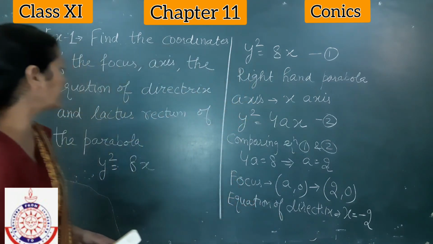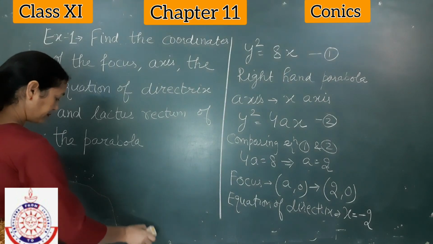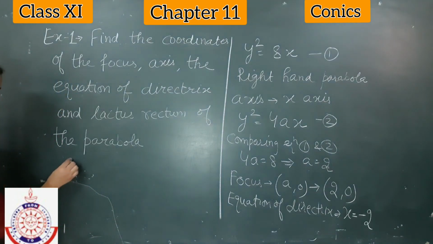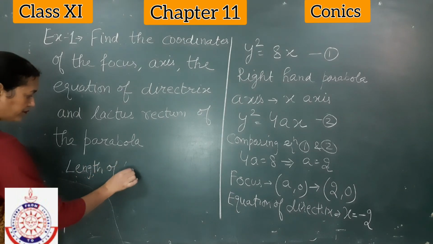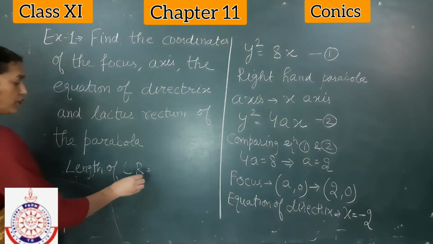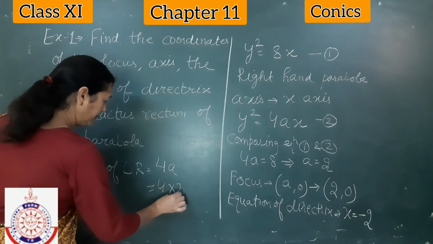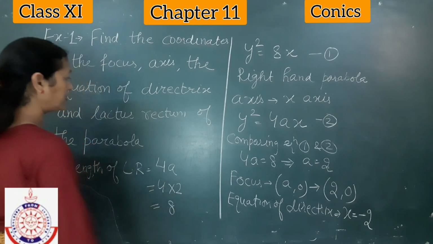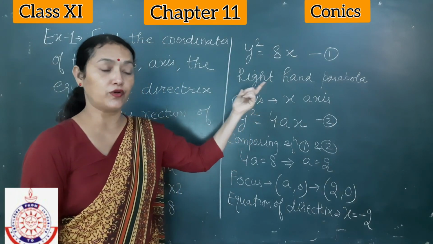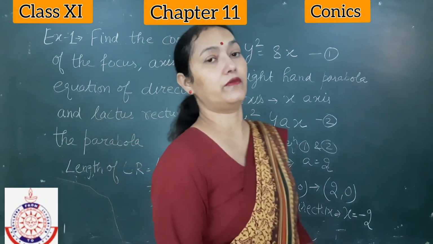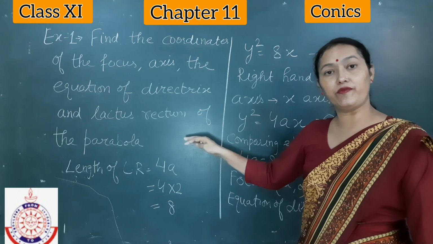Next, they are asking for the length of latus rectum, we know it is 4a, means 4 into 2, 8. So just by observing the given equation of the parabola, we have calculated all the values that they were asking in the question.